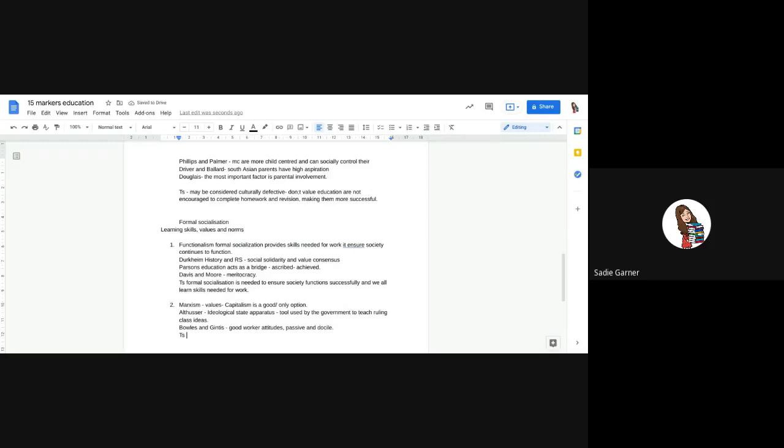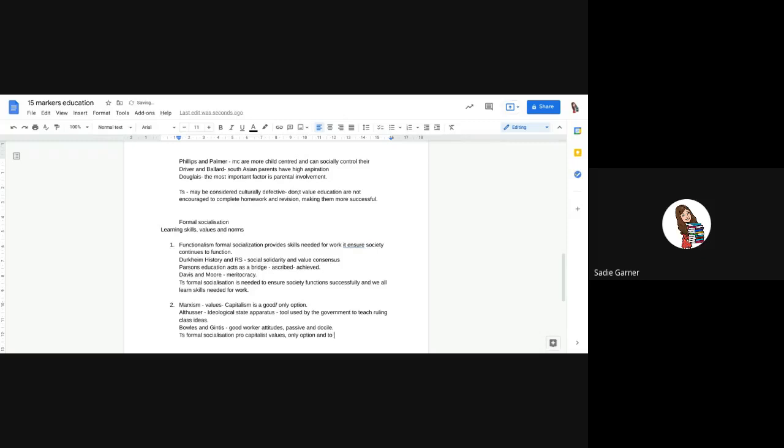So this shows that formal socialization for Marxists is about teaching pro-capitalist values, that it's our only option, and to teach norms.